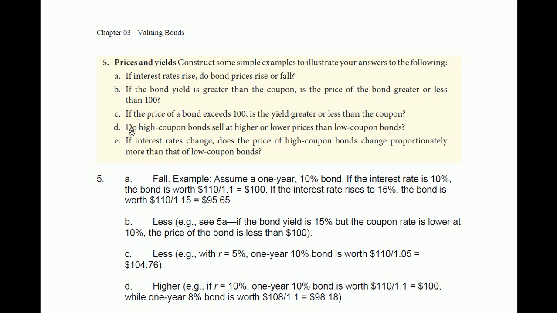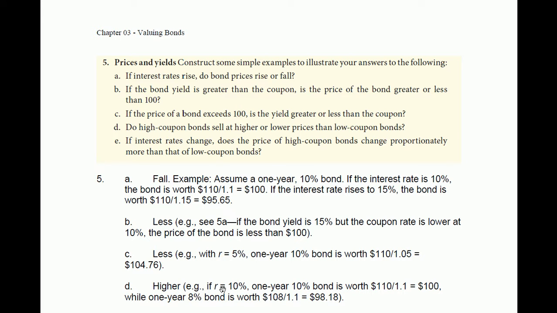D. Do high coupon bonds sell at higher or lower prices than low coupon bonds? If a bond has a higher coupon, then it must sell at a higher price, given the interest rate is the same in the market.